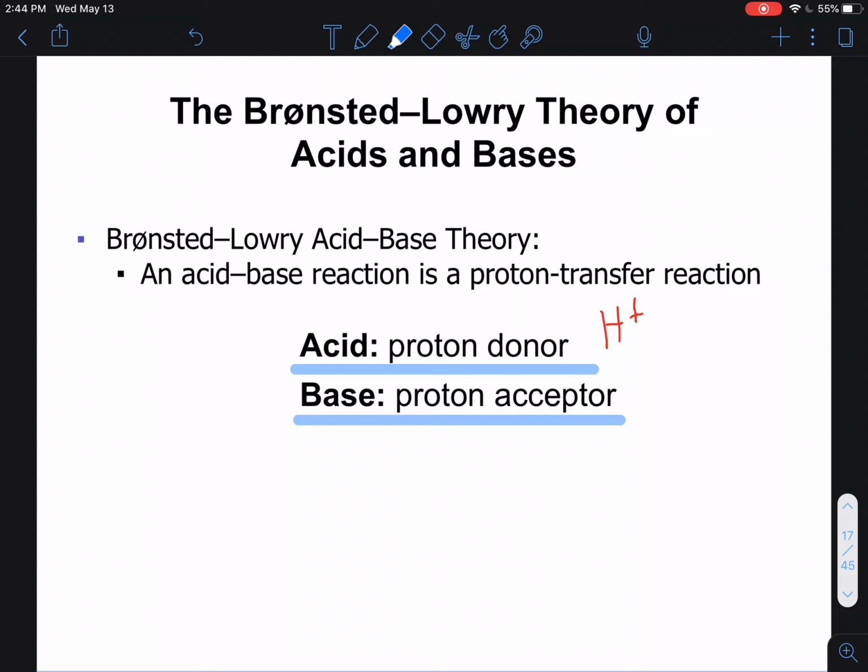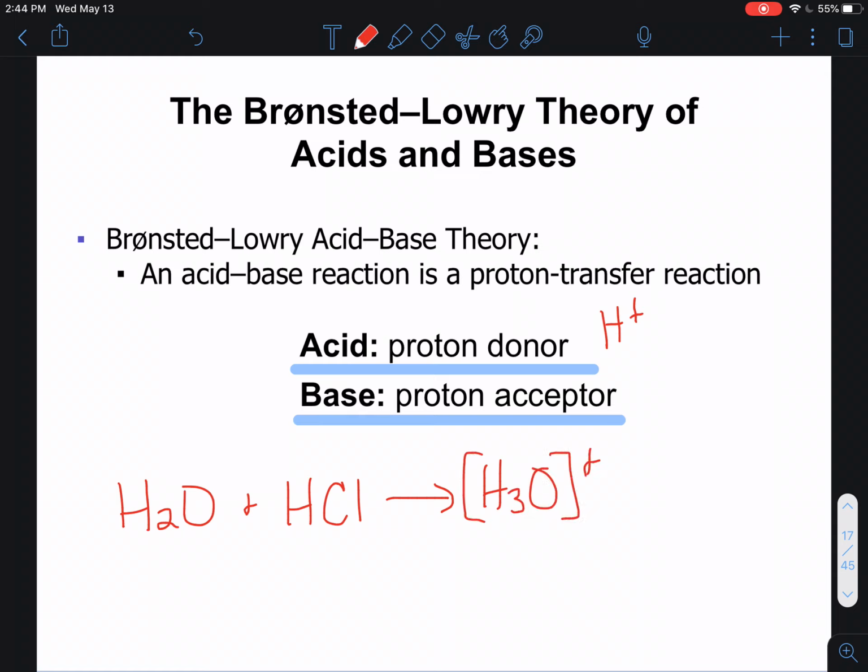So technically, pure water, when it interacts with, let's say, HCl, is going to form, as we already know, H3O+.